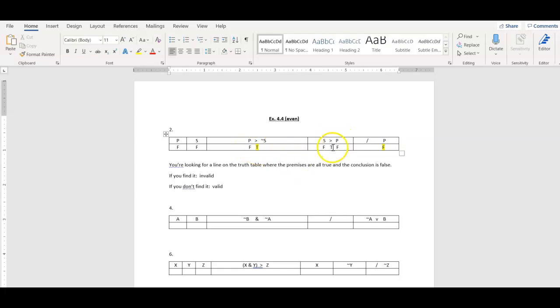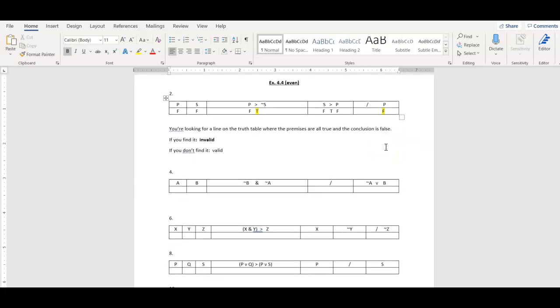We have false, false here, which makes the conditional come out true, and we have a false conclusion. So if P is false and S is false, the premises are all true and the conclusion is false. And so that tells you that it is an invalid argument, because you did find a line where the premises are all true and the conclusion is false.